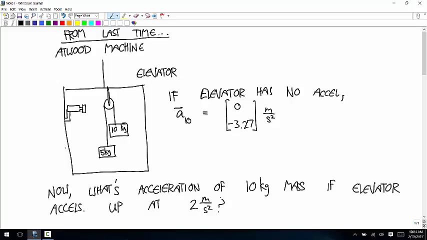So we can't base Newton's laws on the acceleration that it measures, and we're going to have to take that into account. What we'll see is that the downward acceleration of the 10 kilogram mass when the elevator's accelerating up is bigger. It's like you're adding to the gravitational field.